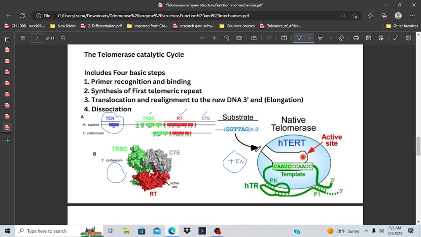The primer for this would be the 3' overhang of the DNA strand, which is the natural primer for it. And the HTR, the RNA part, actually has three parts: the template, the pseudoknot, and the 5' boundary. These three have reasons why they are there. We'll see them one by one.